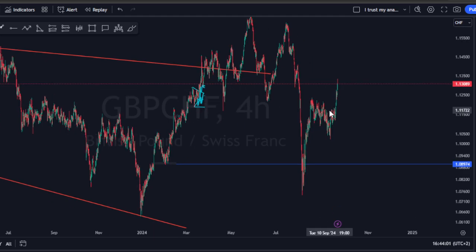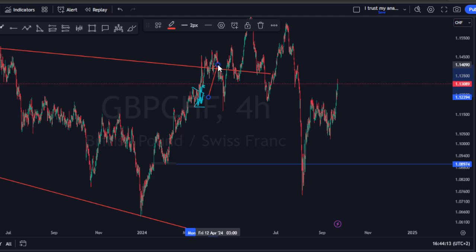So with GBP CHF, if you remember last time we were looking for the push to the upside, and we were actually anticipating price to reach the highs, to reach this high, and then reverse to the downside.